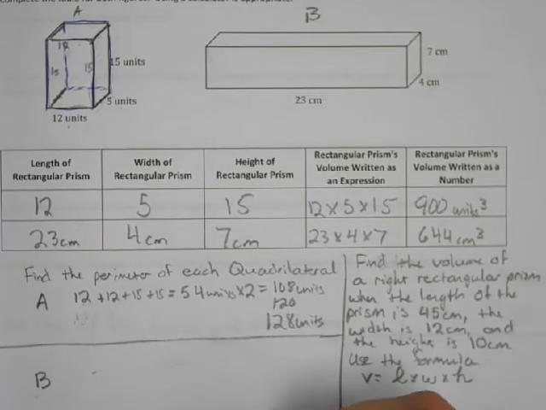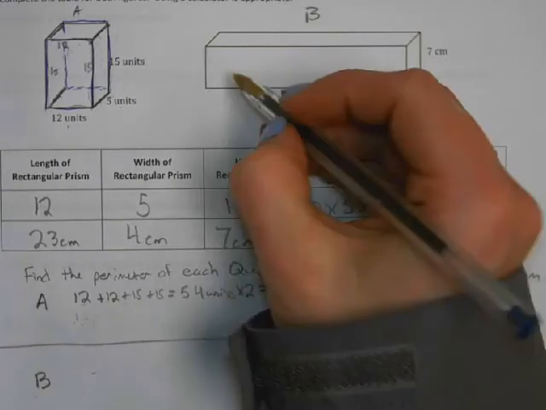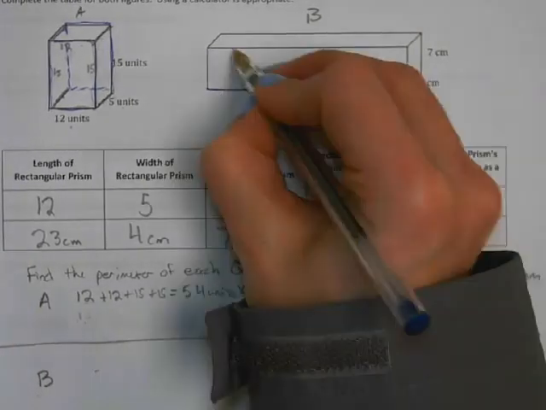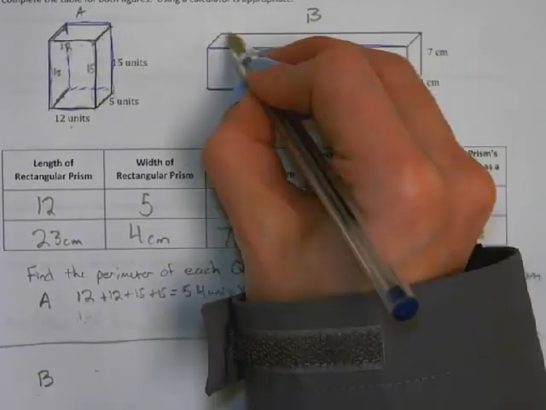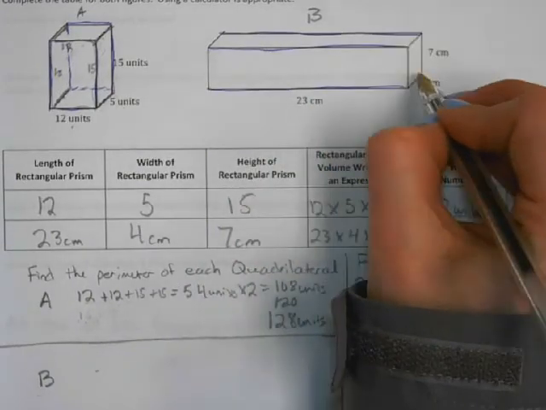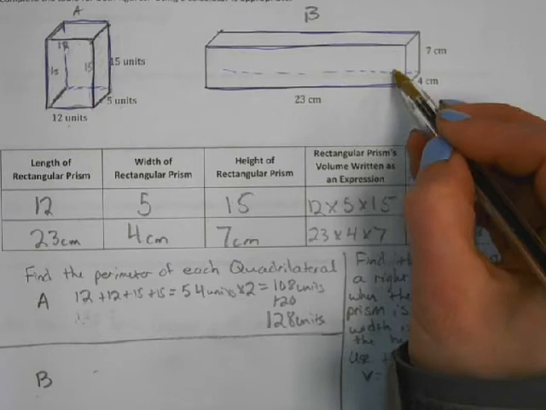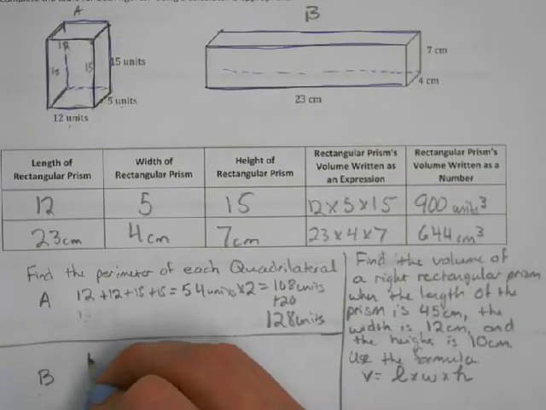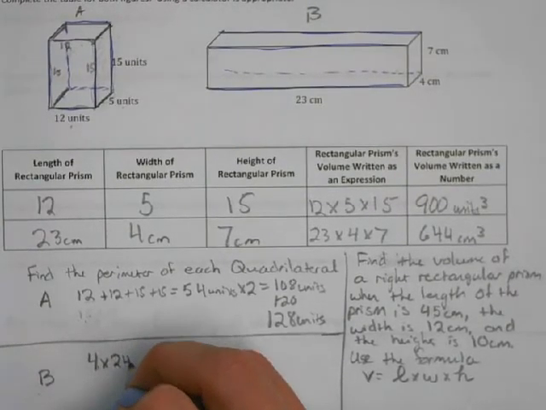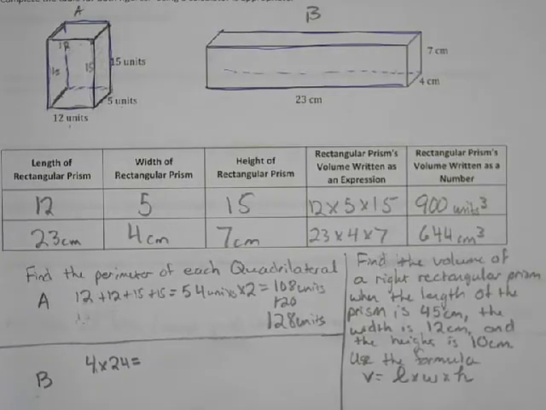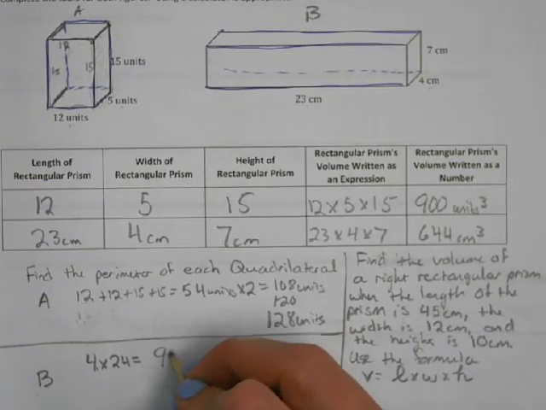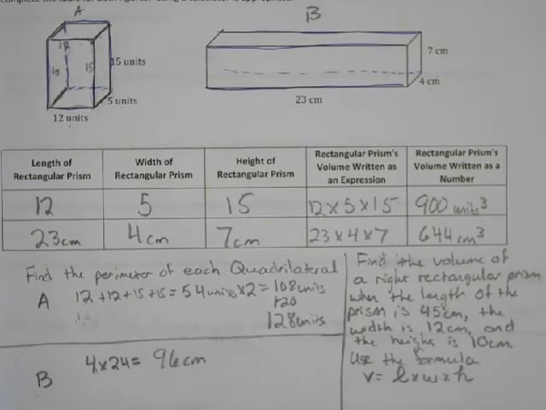And then down here, I'm going to do the same thing. So this is 24, 24, 24, and then there's a 24 back here. So that's 1, 2, 3, 4 times 24. So we get 96 centimeters for that one.